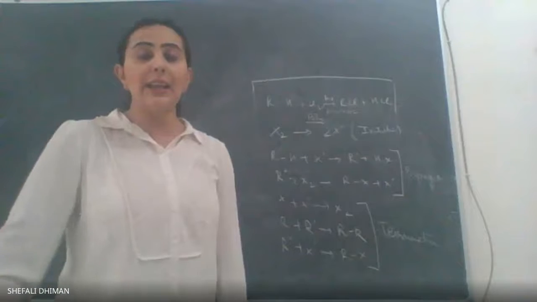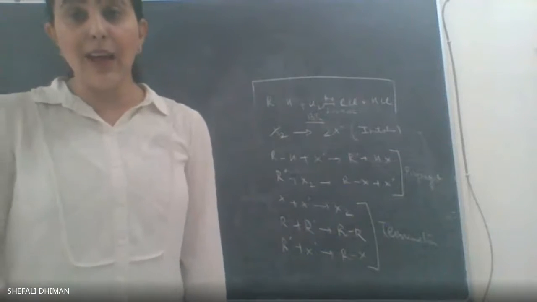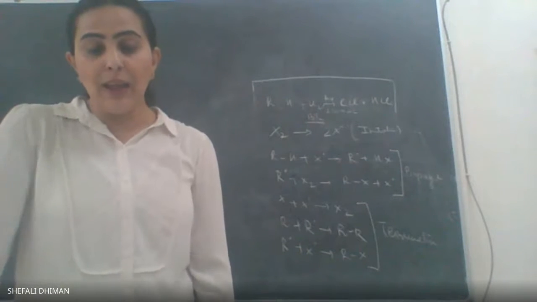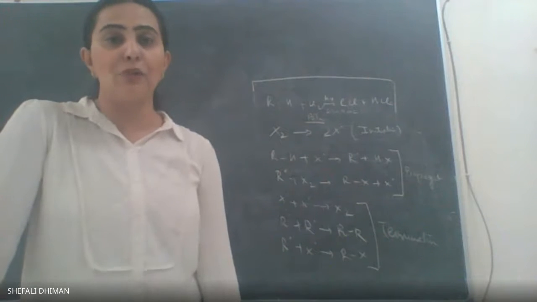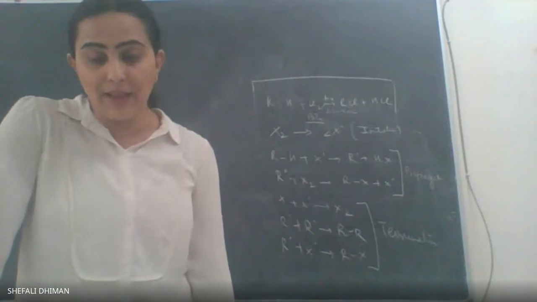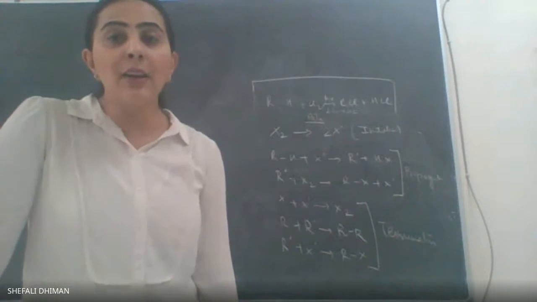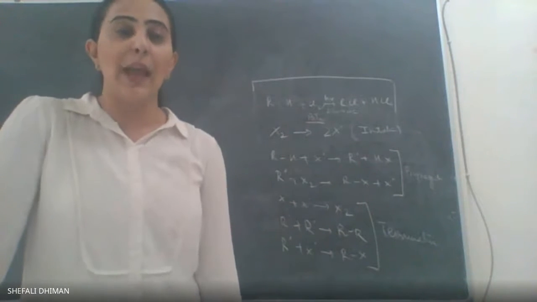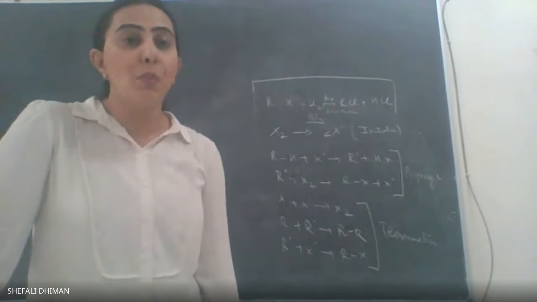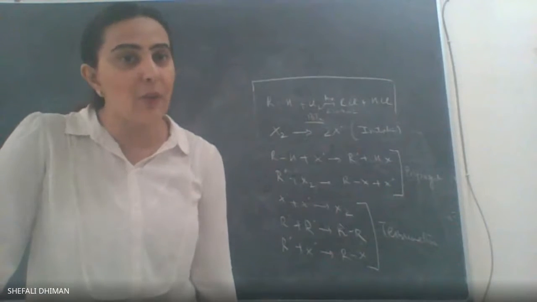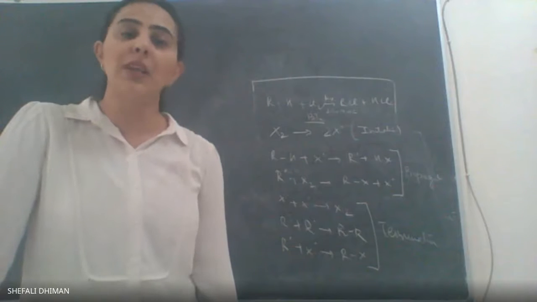N-bromosuccinimide. So allylic halogenation is carried out at the allylic position using a number of reagents like NBS, like NCS. NCS stands for N-chlorosuccinimide. NBS stands for N-bromosuccinimide. So for example, if I want to add bromine, I would be using NBS.